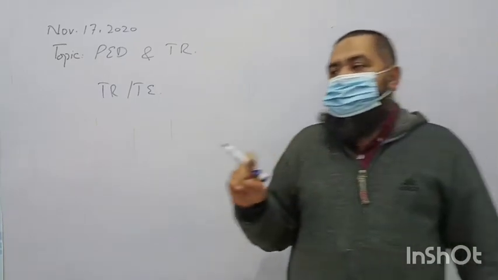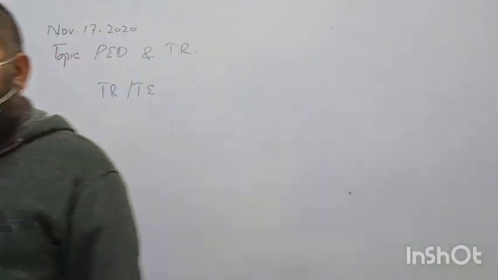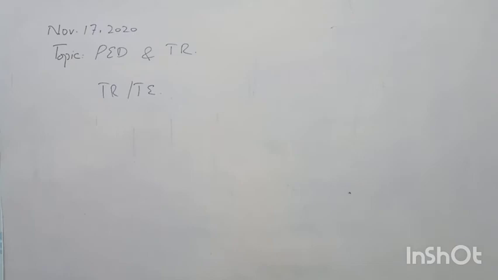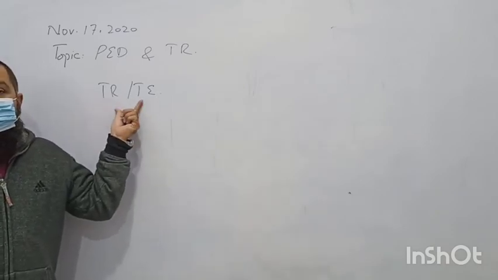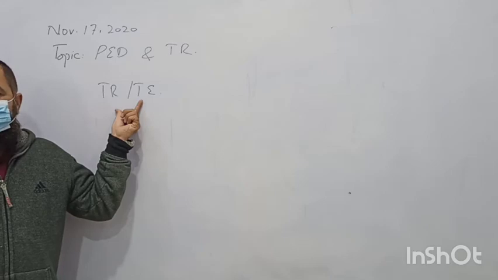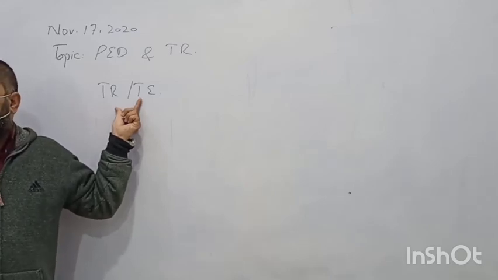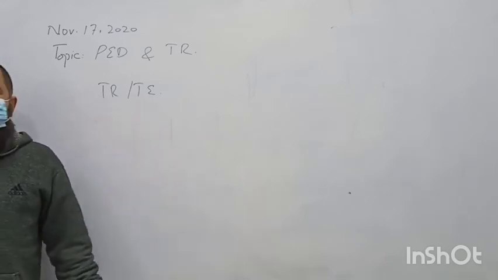Whatever fee you are paying to the school, that is your expense. But at the same time, this is the revenue of the school. So from the seller's point of view, it is revenue. From the consumer's point of view, it is the total expenditure. If I am buying this board marker, its price is 50 rupees.